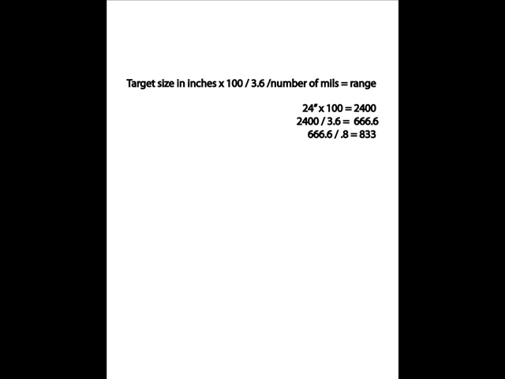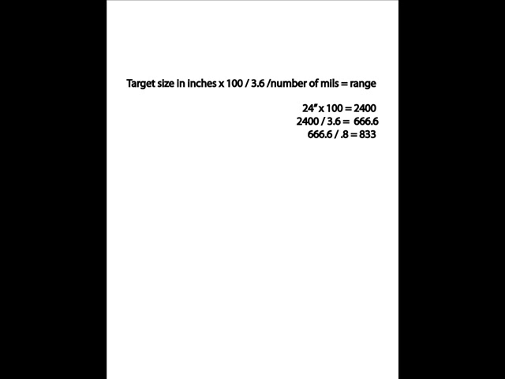We run it through the formula, 24 inches times 100 equals 2400. 2400 divided by 3.6 equals 666.6. 666.6 divided by 0.8. We measured the target to be 0.8 mils. And that equals 833. So I had 850 by using the chart.